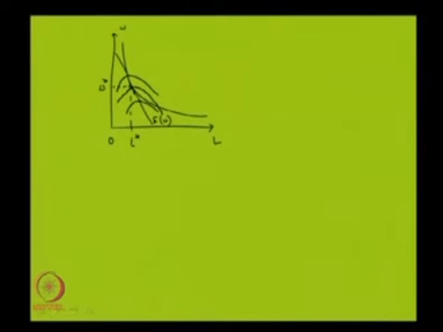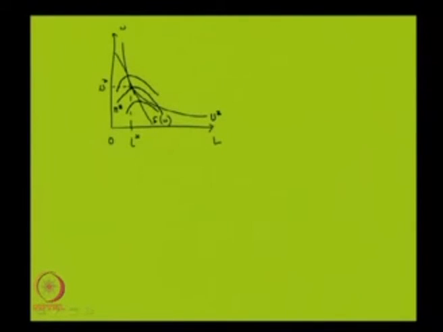This is the equilibrium. So, in the equilibrium, what is the level of utility obtained by the union? Let us call this U star, which is represented by this indifference curve. And what is the profit that is obtained by the firm? It is represented by this isoprofit curve. So, let us call this pi star.